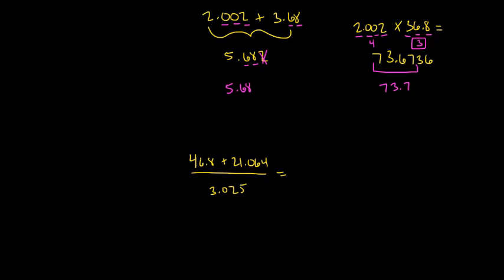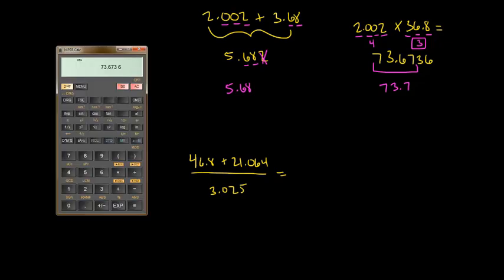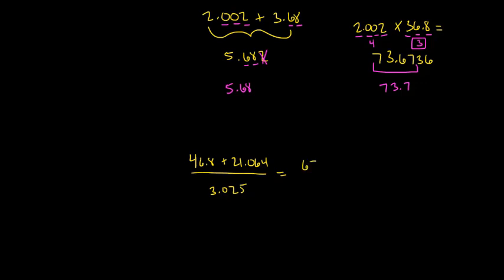So first things first, we want to figure out what 46.8 plus 21.064 is. So this is 67.864.